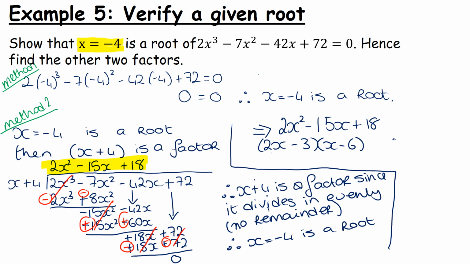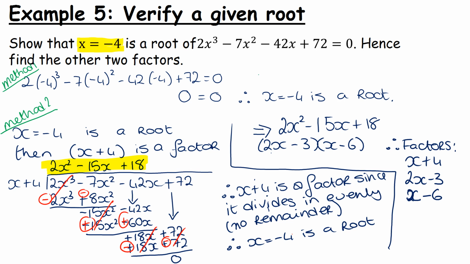So your factors are going to be x plus 4, 2x minus 3, and x minus 6.